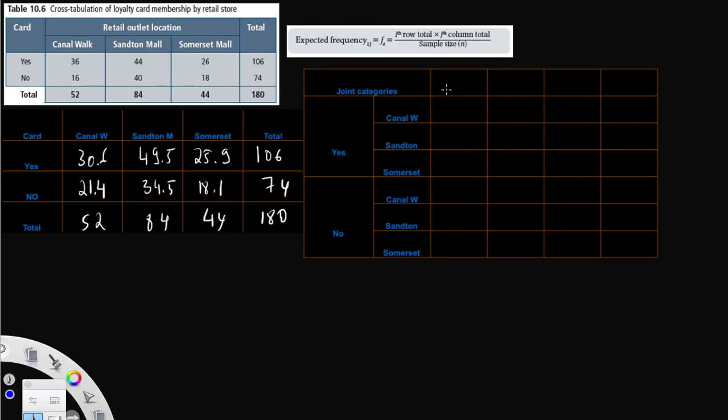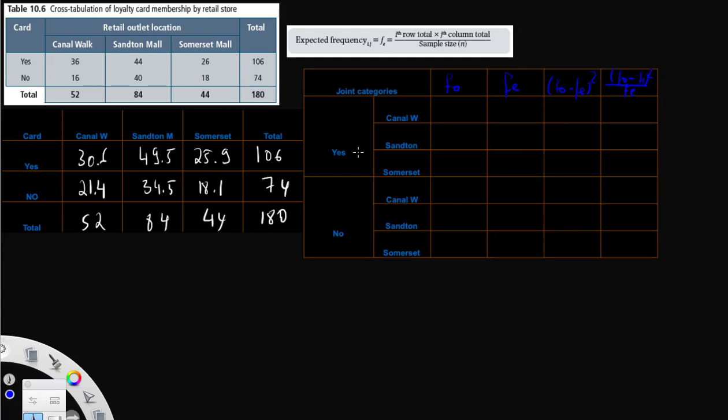First, rewrite all your observed values and also put the expected values here. Then you know what to do: you do observed minus expected, you square that, and you divide it by the expected.